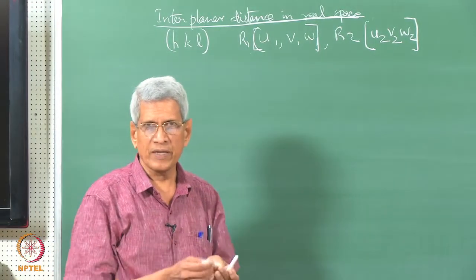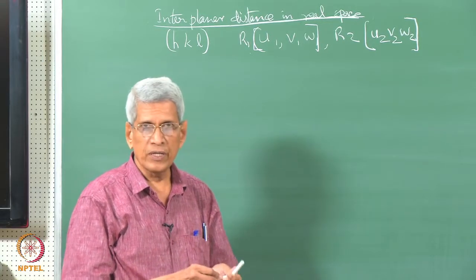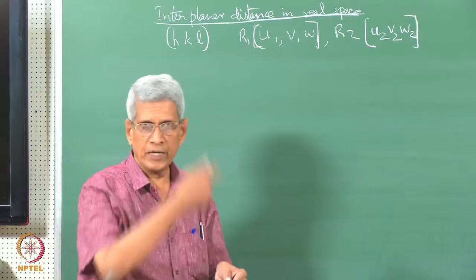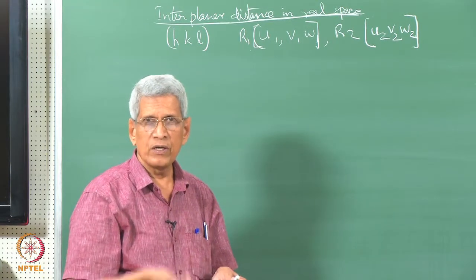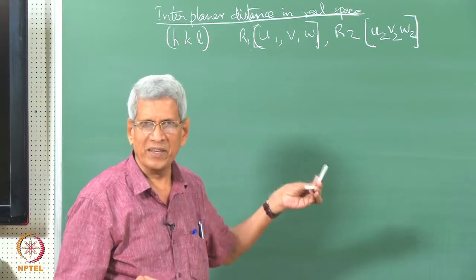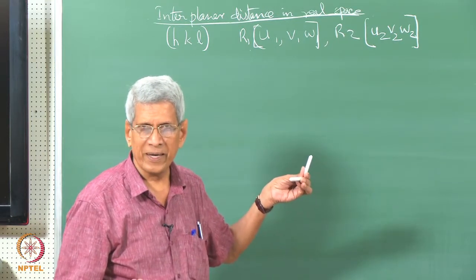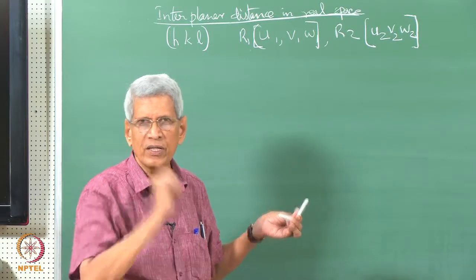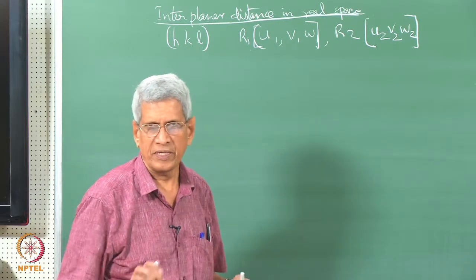These two vectors are there. We find out the cross product of these two vectors. That vector is perpendicular to it. Find out for that vector the unit vector in that direction. Then find out the interplanar distance magnitude. Then in the vector notation we can represent it.